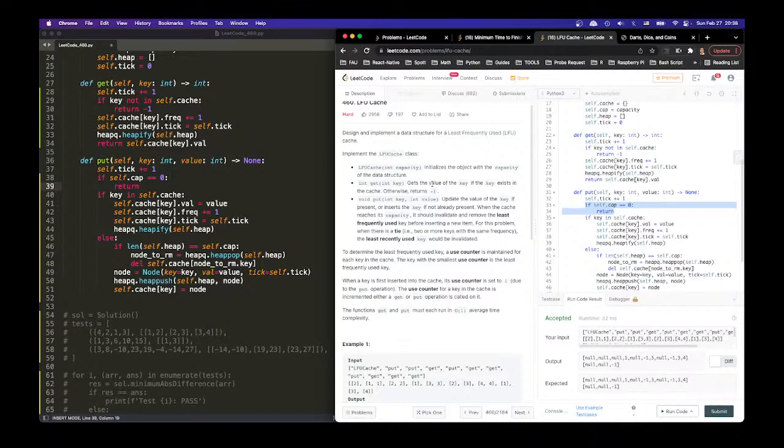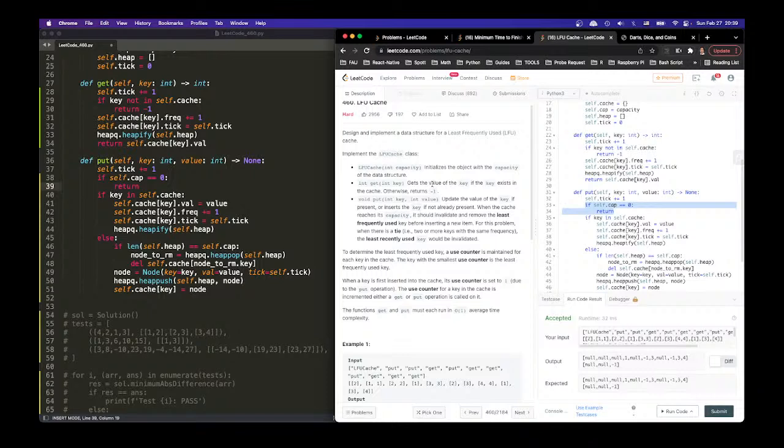So a doubly linked list, I am able to determine when they're used. If I use a new one, I simply put that to the end. So the front is always the oldest one. Okay, that's fine. How about frequency, right?